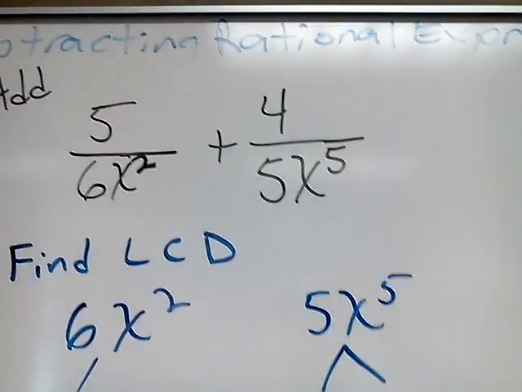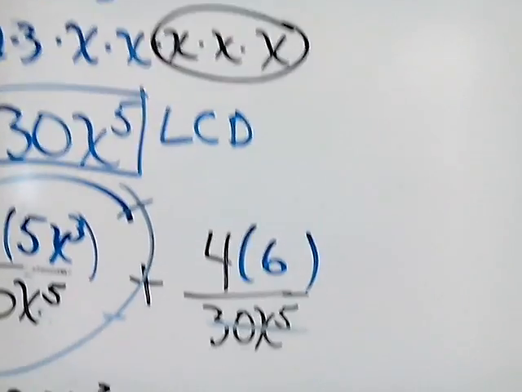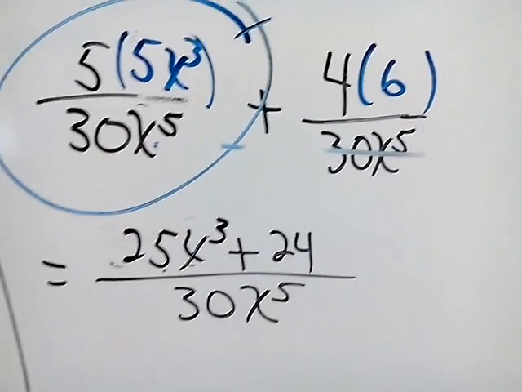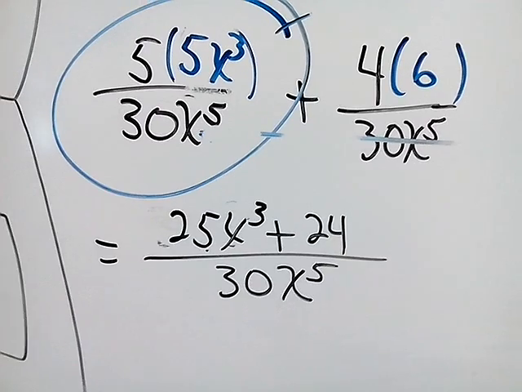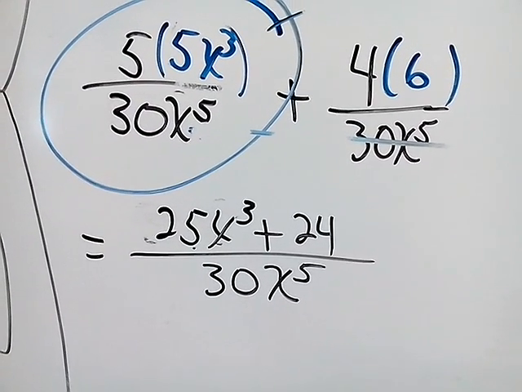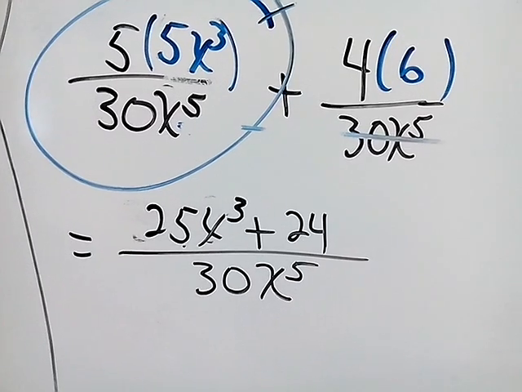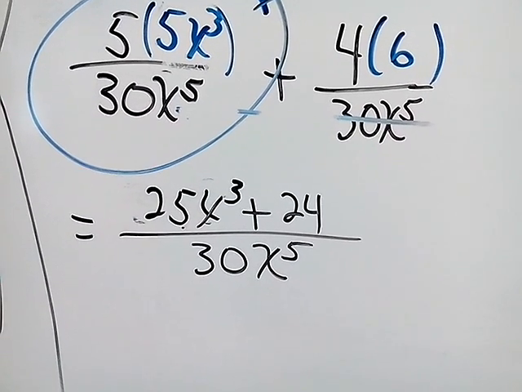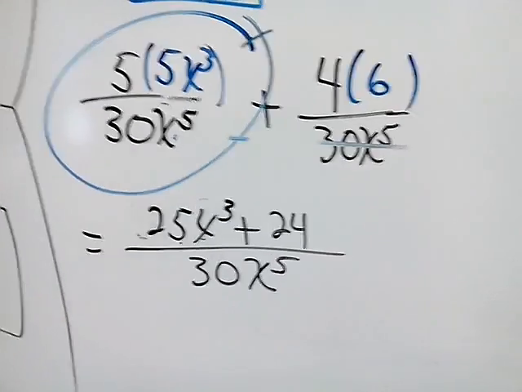So 4 times 6 is what we do there. And both can now be written over the common denominator: 25x to the 3rd plus 24 over 30x to the 5th. We can't factor anything else out of that.